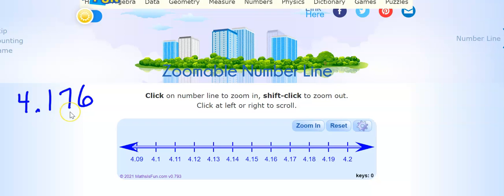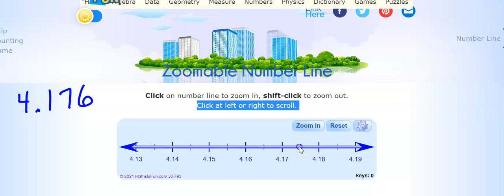So let's think about hundredths. I have 7 hundredths here, and I don't quite have 8 hundredths. So I know this number is going to be between 4 and 17 hundredths and 4 and 18 hundredths. So let's zoom in.